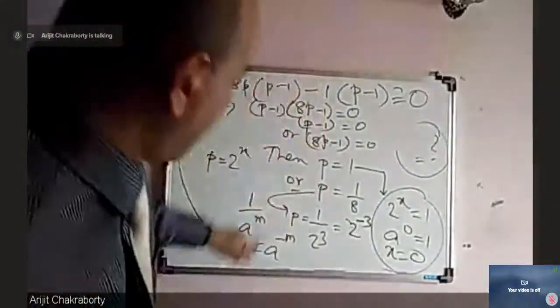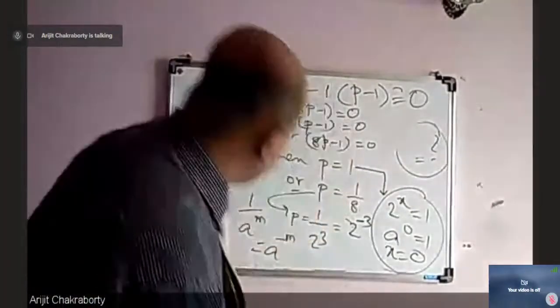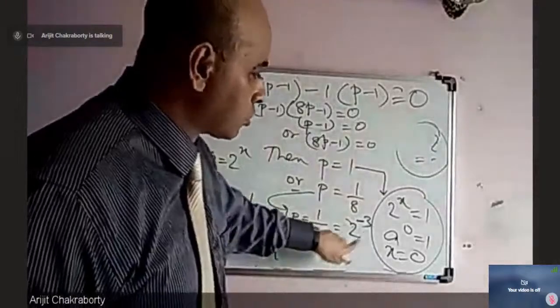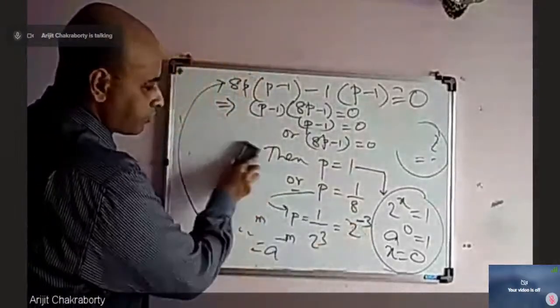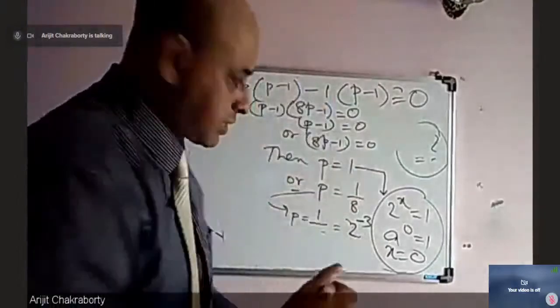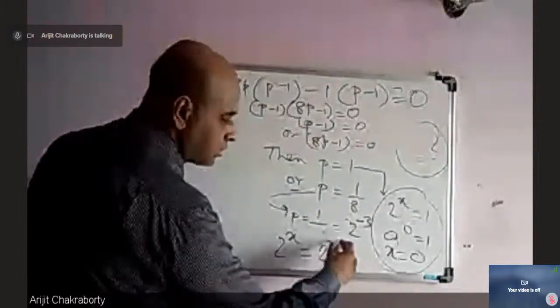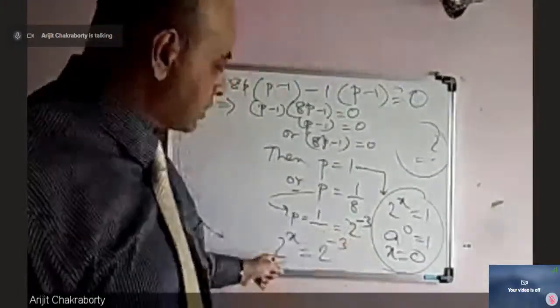So now, what is the solution? Now you have p is 2 to the power minus 3. But p we know is 2 to the power x. So I can write 2 to the power x is equal to 2 to the power minus 3, which means the bases are same.